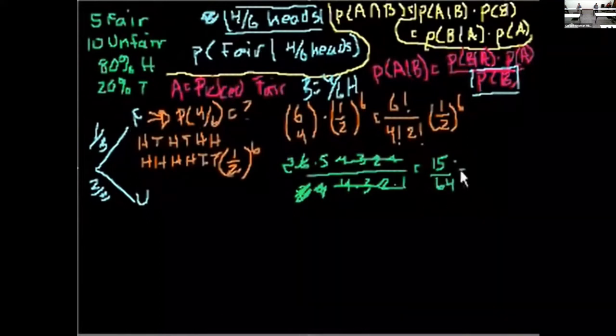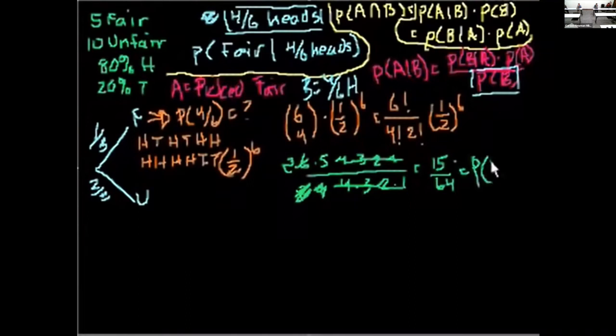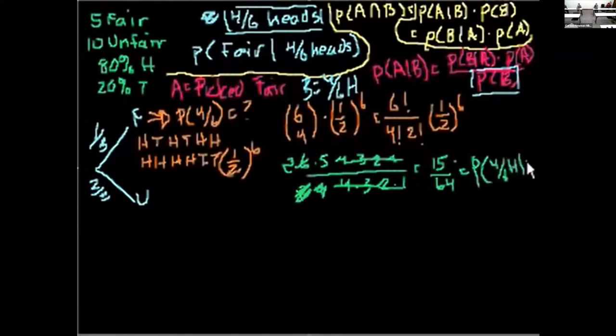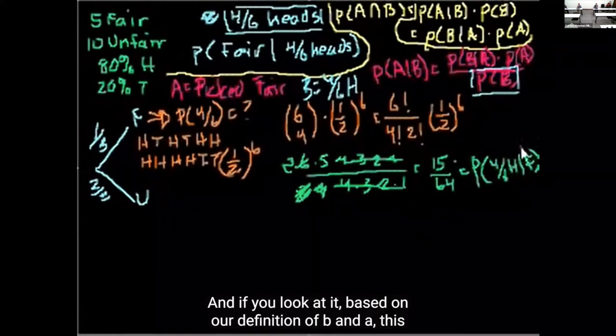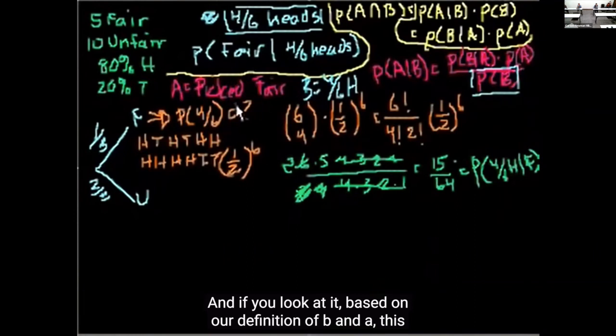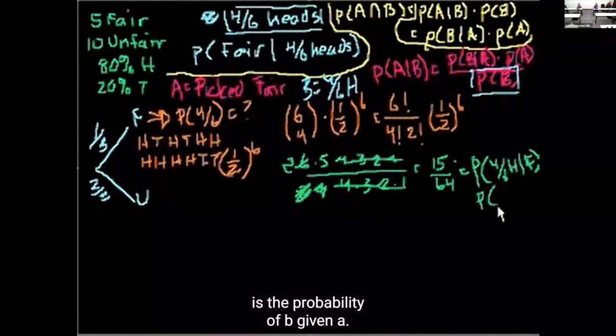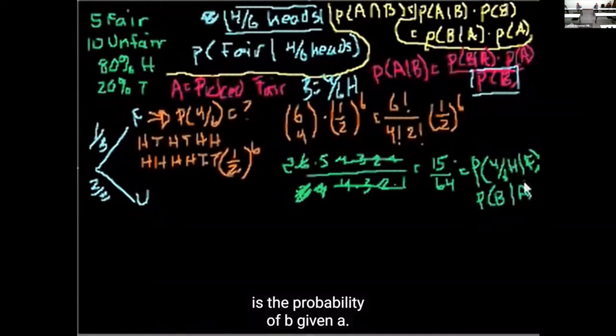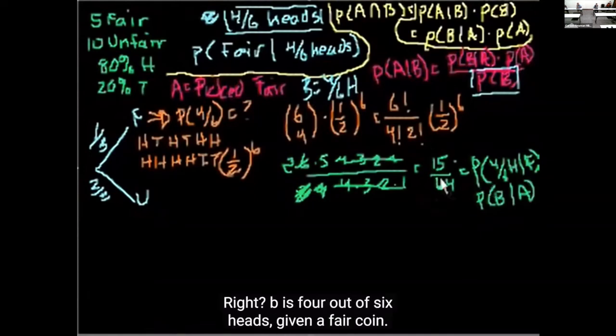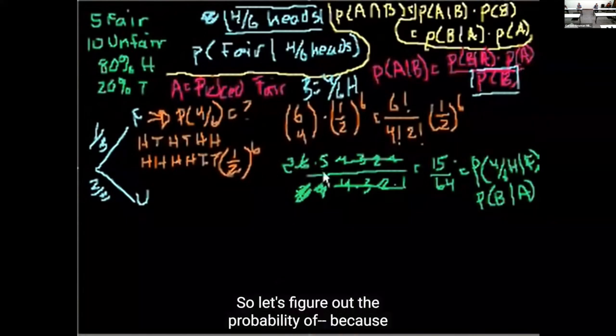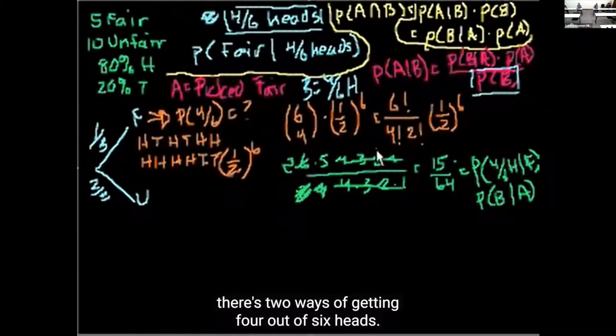So this is the probability of 4 out of 6 heads given a fair coin. And if you look at it, based on our definition of B and A, this is the probability of B given A, right? B is 4 out of 6 heads, given a fair coin. Fair enough. So there are 2 ways of getting 4 out of 6 heads.